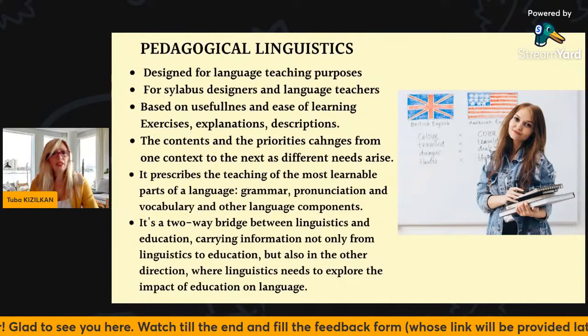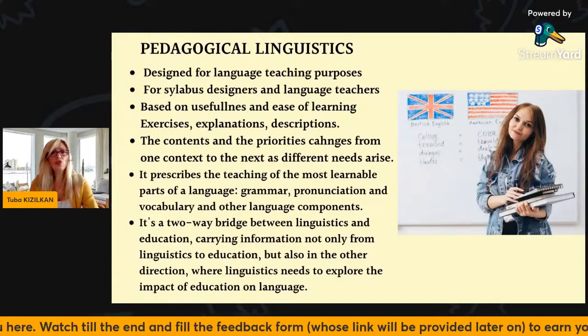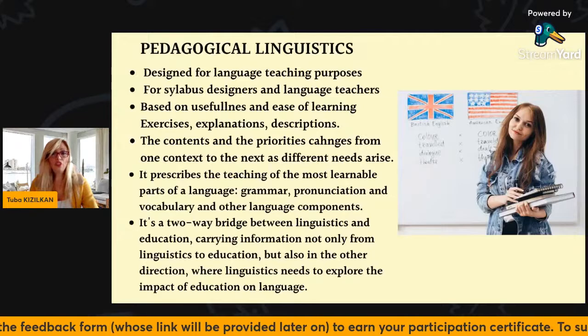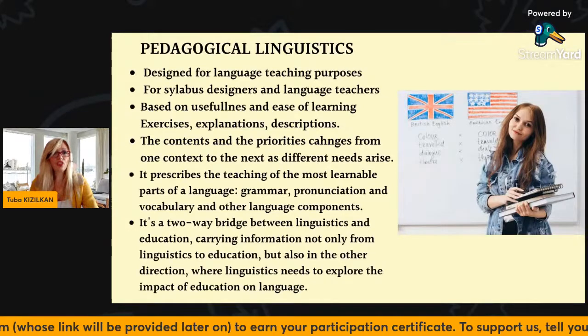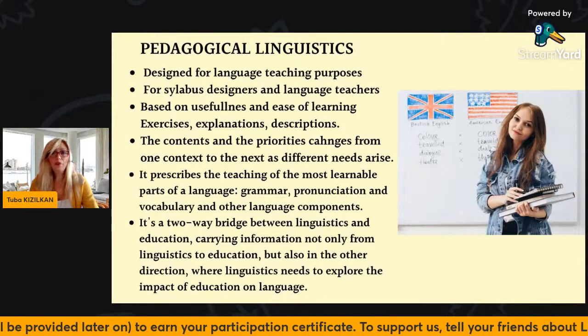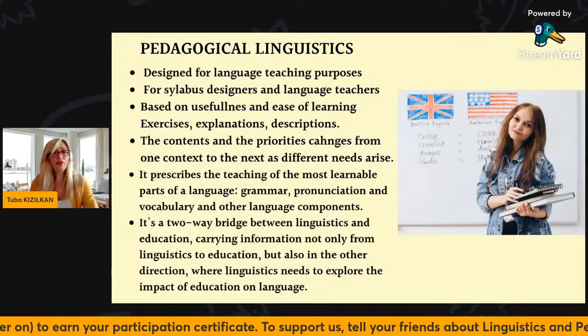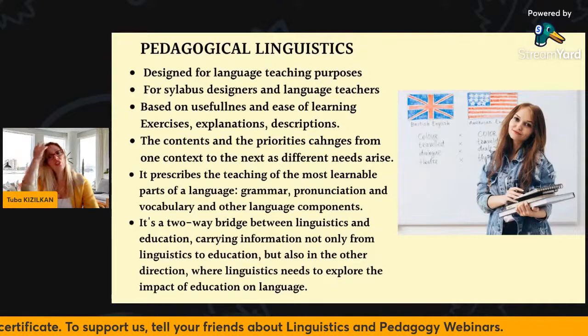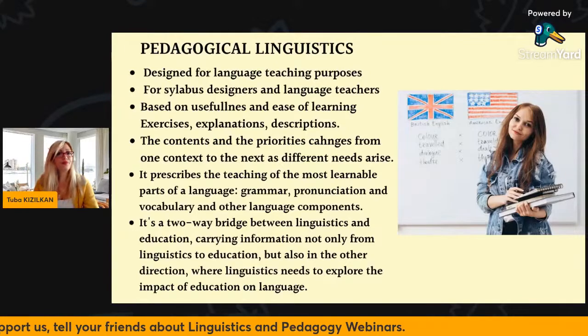And it can be said that it's a two-way bridge between linguistics and education, carrying information not only from linguistics to education, but also in the other direction where linguistics needs to explore the impact of education on language.